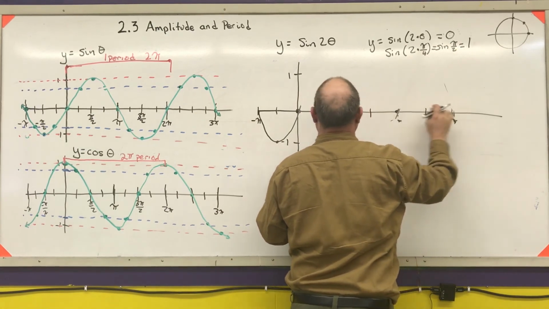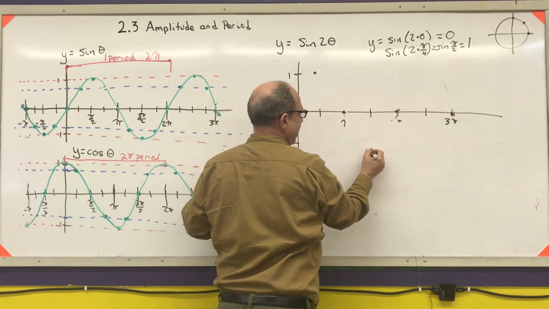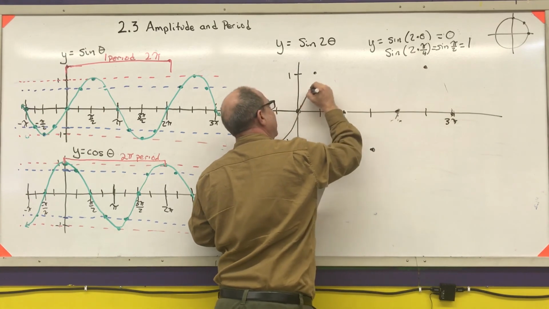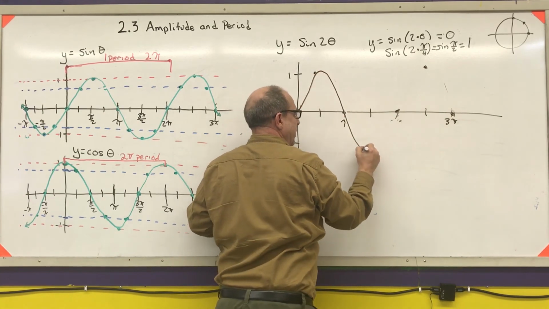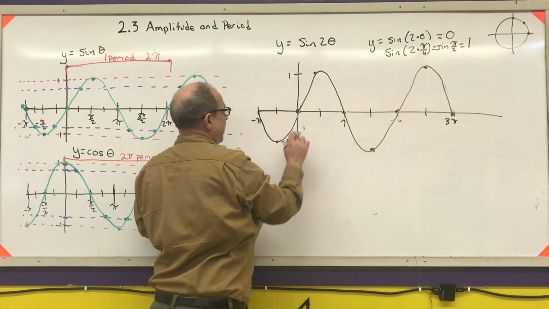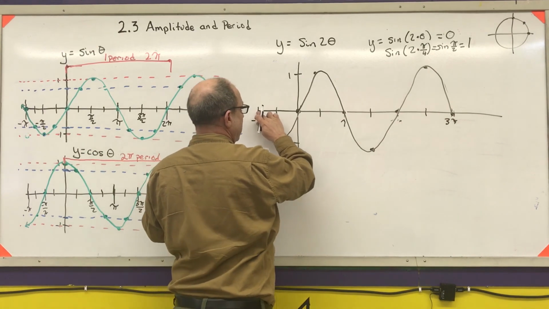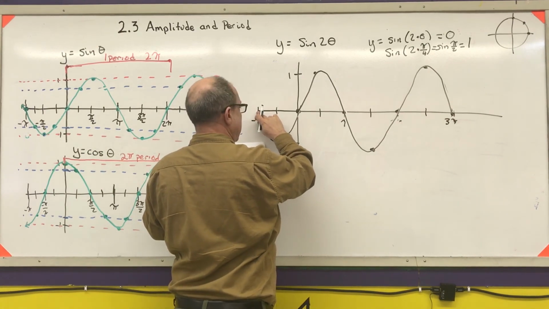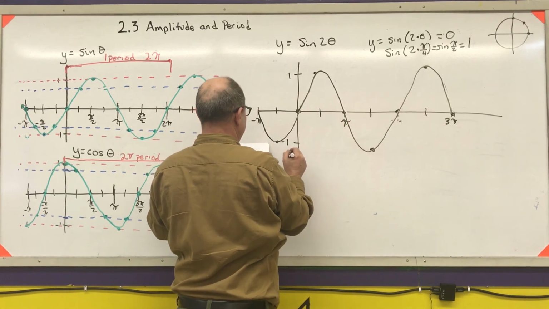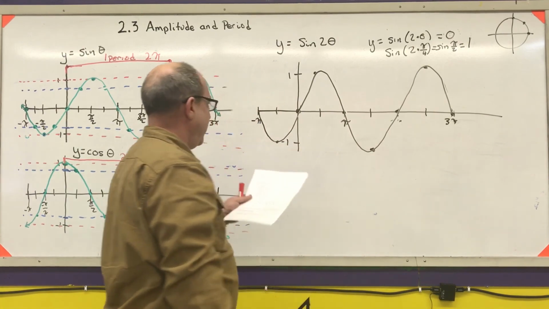I'm so used to doing it divided by 4. At pi halves, I'm at 1, then back to 0, negative 1, 0, positive 1, 0. Here we go. That's the positive side. And then the negative side, at pi halves, yep, I really messed that one up.